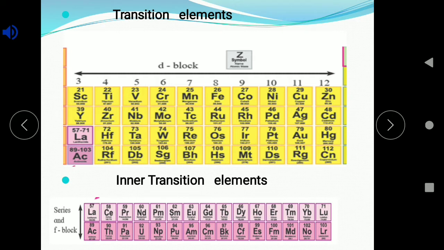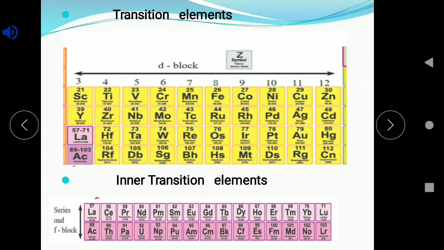We will just revise some points. Now, as you know, D block is placed at the center of the periodic table, with electropositive strong metals on the left side and electronegative non-metals on the right side.